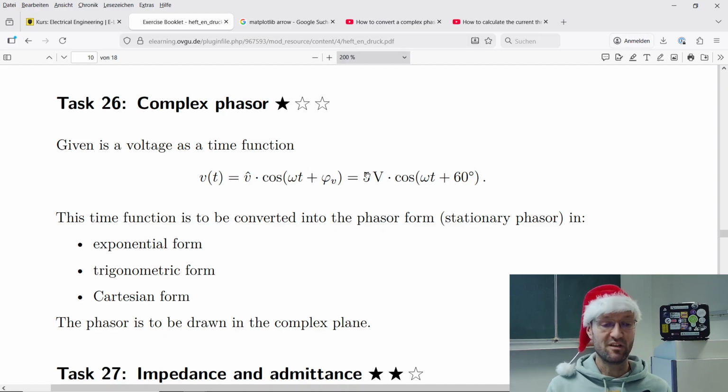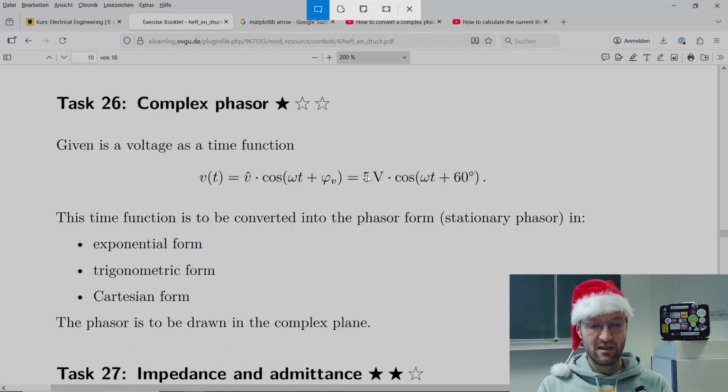It's also something that we could measure: take some oscilloscope, plug it to our power mains outlet, and we would measure something sinusoidally or cosinusoidally changing over time. And now we should convert this into a phasor in exponential, trigonometric, and Cartesian form.